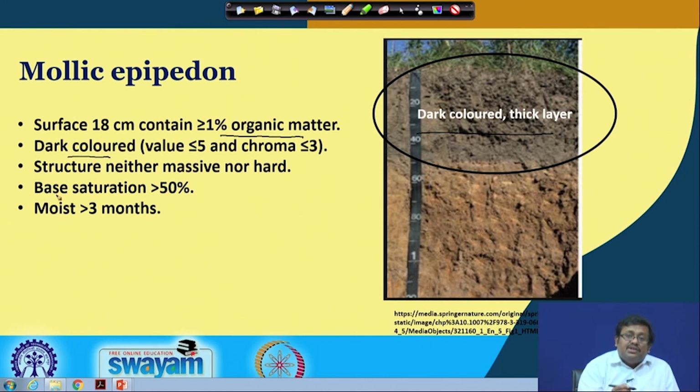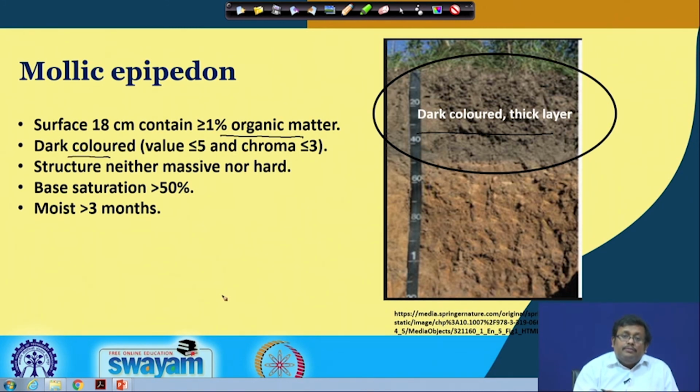Its structure, we will discuss structure in the next classes, should be neither massive nor hard, and it should have a base saturation greater than 50%. Base saturation means the dominance of basic cations like sodium, potassium, calcium and magnesium should be more than 50%.